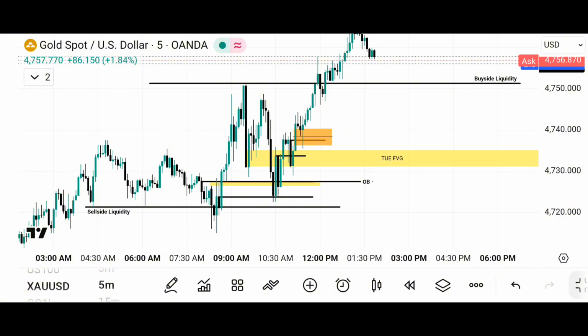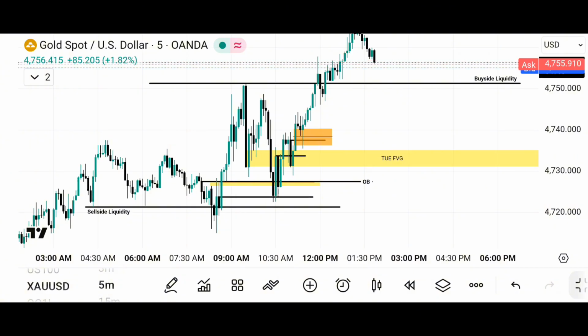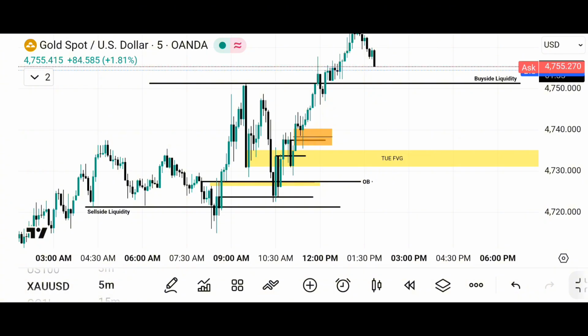Also, if you are interested in the ICT 2022 model, you can also study gold, just like I did. Annotate your charts, try to find the fair value gap by yourself, try to draw the sell side and buy side liquidities all by yourself. This is how you learn it properly.